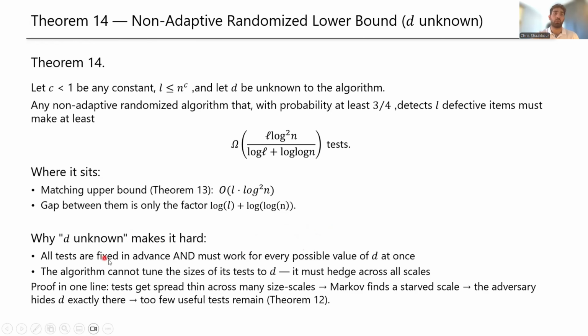And the proof is in one line: tests get spread thin across many size scales. Okay, so we take all the tests and we spread them into many size scales. And by Markov, we can find a starved scale where the adversary hides D exactly here. And hence, from this, we can get that too few useful tests remain. And from this, we can use theorem 12 to get the probability.